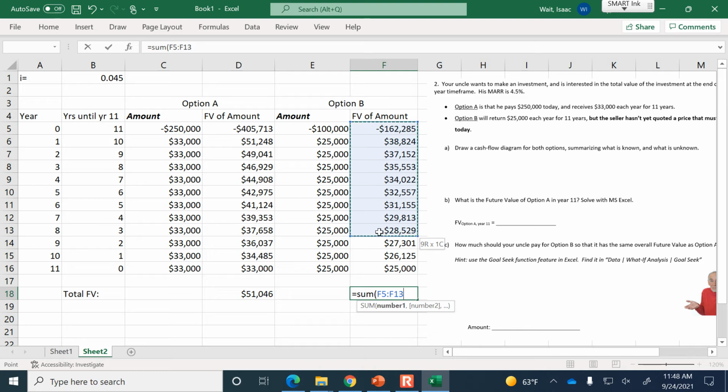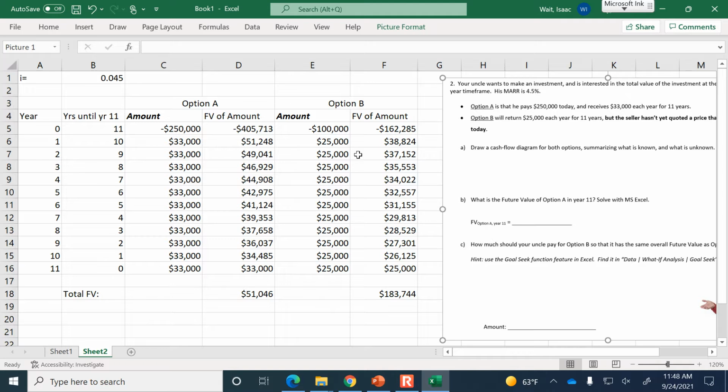Now, what we're going to try and find is how much should your uncle be willing to pay for option B so that this profit is equal to that profit. So right now, the option B profit is too high. It's because your uncle didn't pay enough for the alternative.